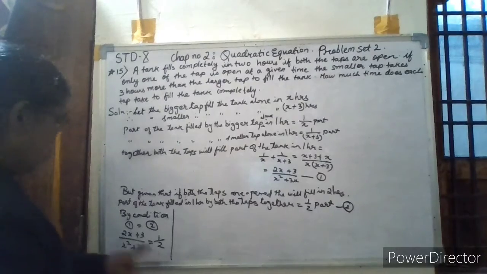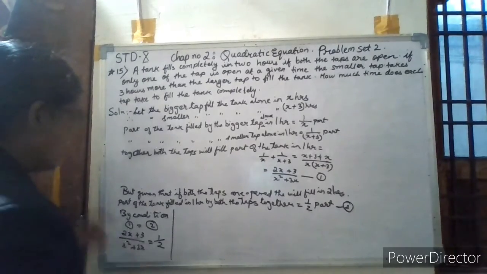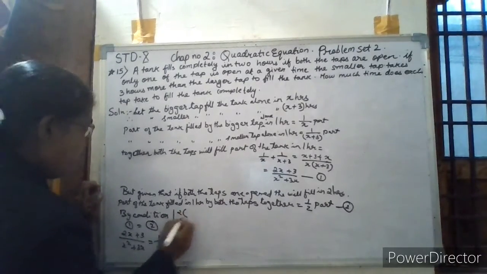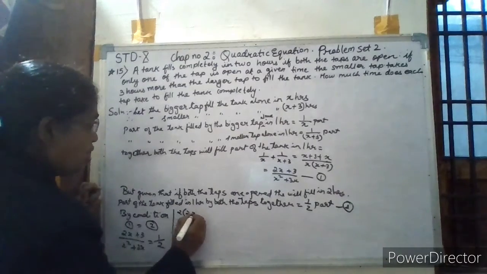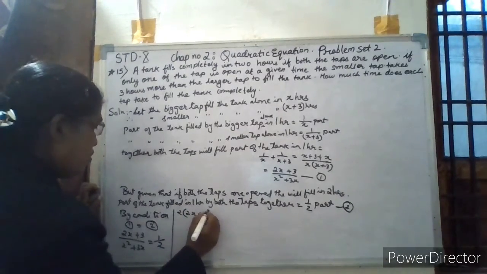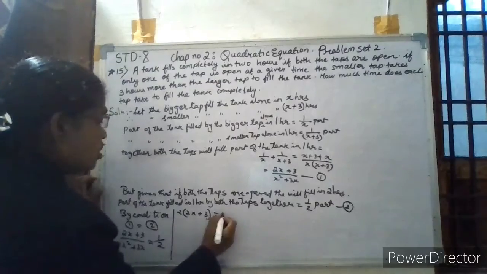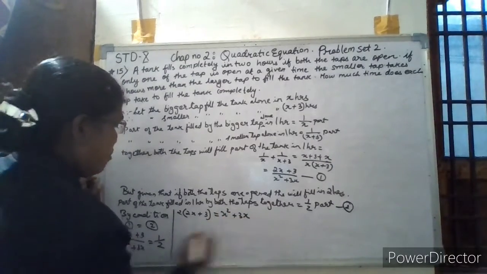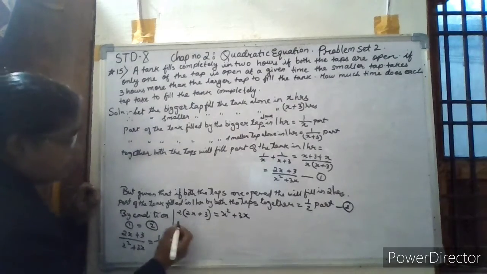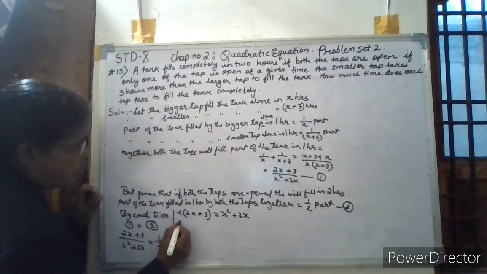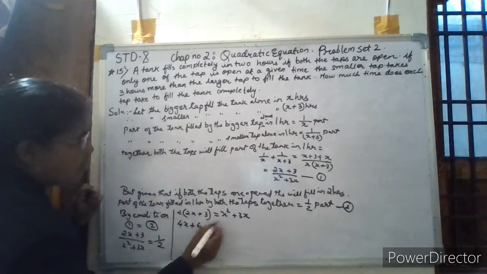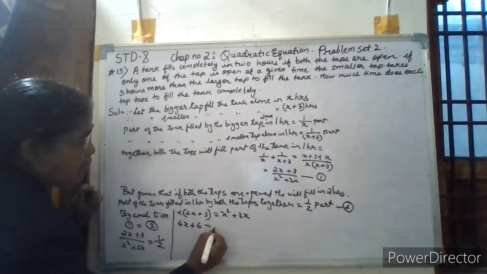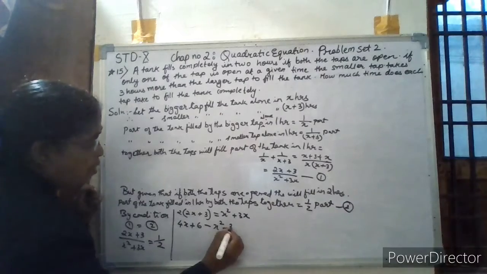See, if we cross multiply, it is 2 into 2x plus 3 equal to x squared plus 3x. Now multiply this binomial into monomial. 2 into 2 is 4x, plus 2 into 3 is 6. Then bring these two terms to this side: minus x squared minus 3x equal to 0.